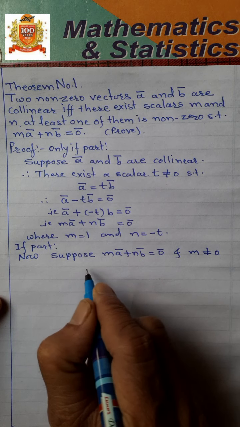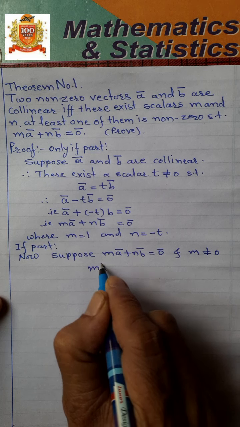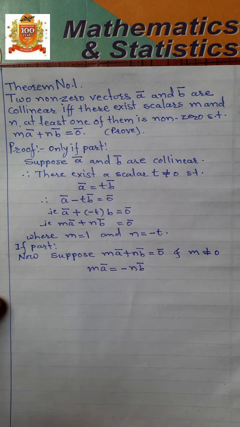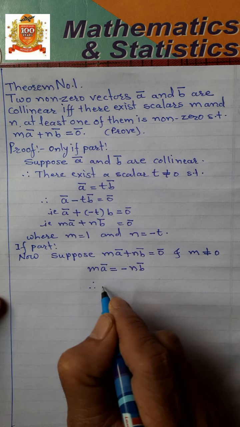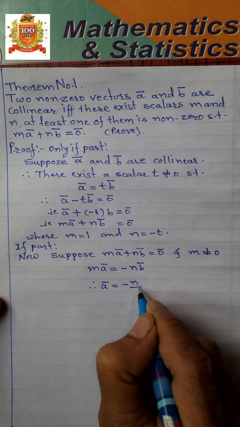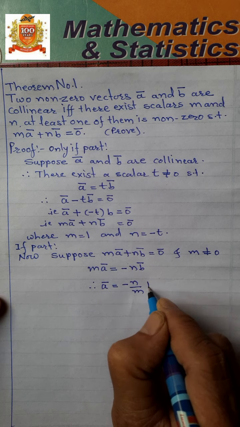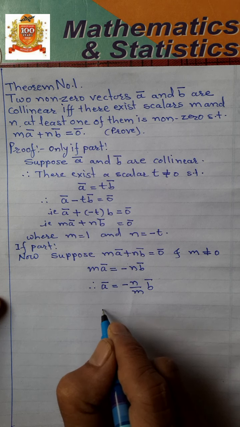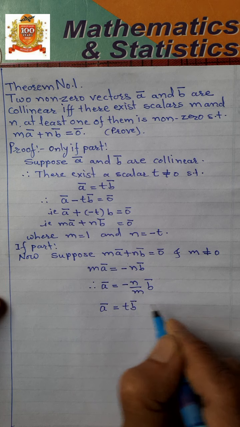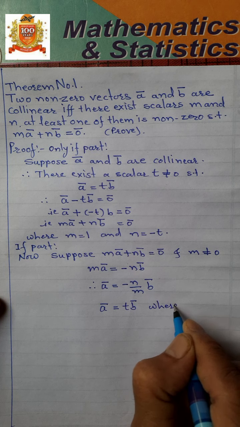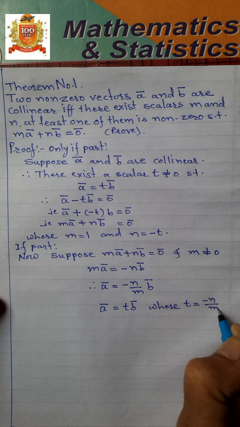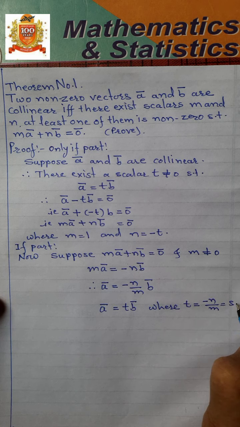From this equation we can write m a bar is equal to minus n b bar. Agreed? Therefore, a bar is equal to minus n upon m into b bar. This can be written as a bar is equal to t into b bar, where t is equal to minus n upon m, which is a scalar.